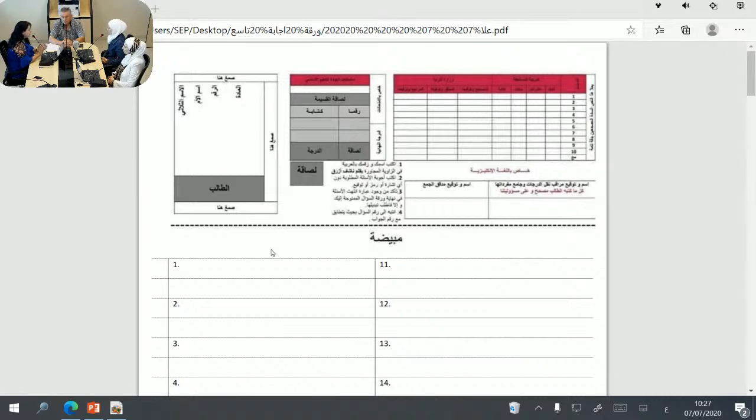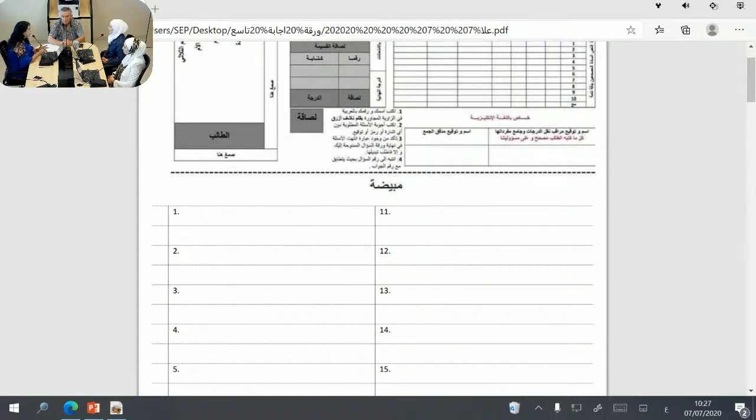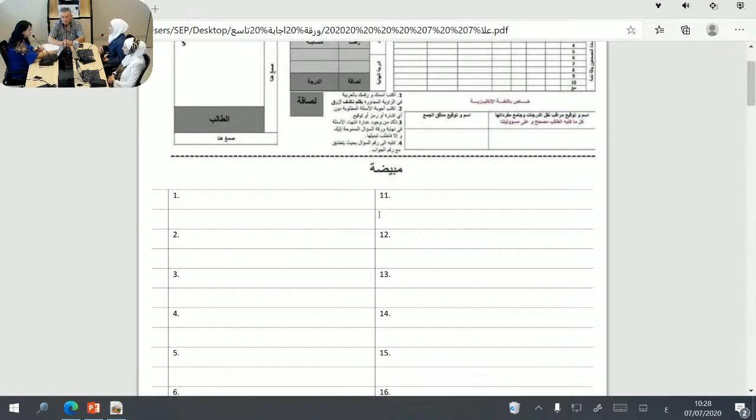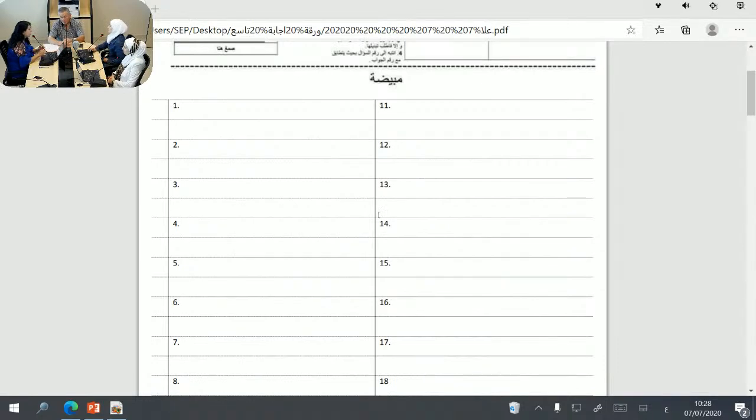But if they're not sure about the answer, they have to write it on the draft, for example, and make sure that they write the correct answer without scratching or to use the space in a good way. So they have to see the numbers. They have to pay attention to write the correct number next to the question or the answer.